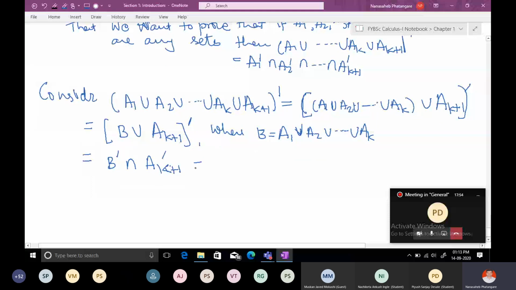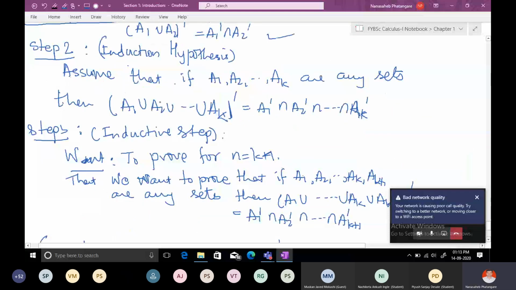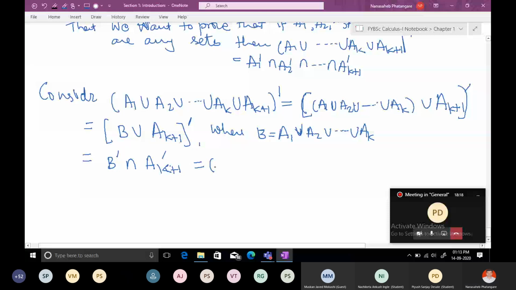We have proved it. But what is B complement by the induction hypothesis? B is the union of a1, a2, and ak, and by the induction hypothesis, we are assuming that the complement of the union of k sets is the same as the intersection of their complements. And therefore, what is this? The complement of a1 union ak, that is B, intersection with ak plus 1 complement, right?